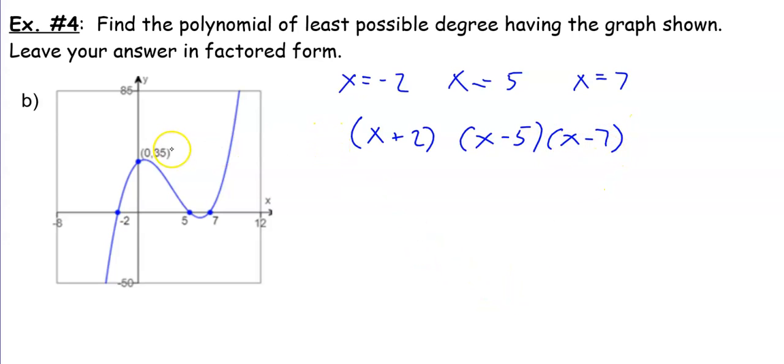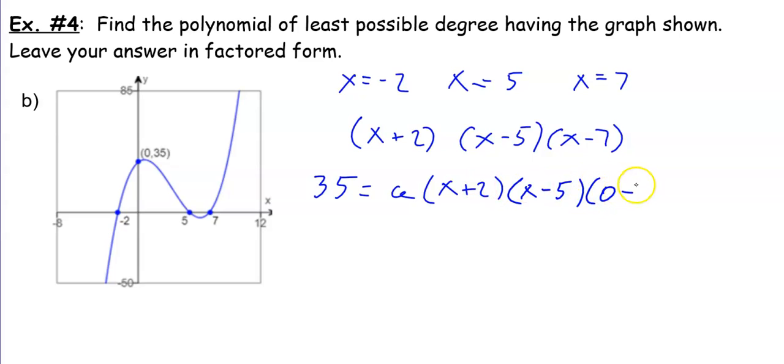And to find a, we're going to plug in this point. F of x is 35. That equals a times x plus 2, times x minus 5. Oh, darn it, they're not x's, they're zeros.